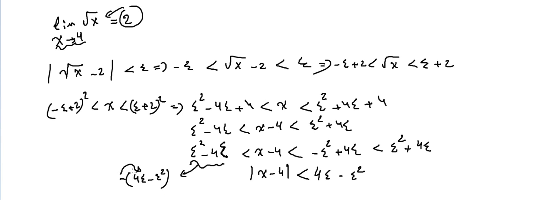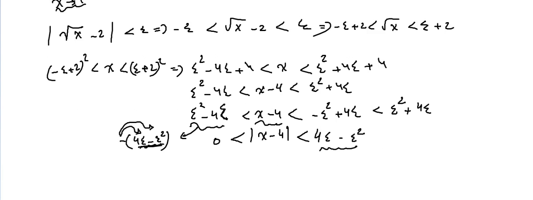Minus times 4 epsilon is minus 4 epsilon, and minus times minus epsilon squared is plus epsilon squared. So this value is the negative of that value. So x minus 4 is included between the negative of this value and the positive of this value. So the absolute value of x minus 4 is less than 4 epsilon minus epsilon squared, which is for sure more than 0.